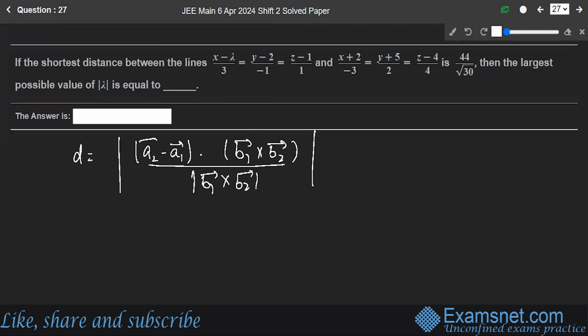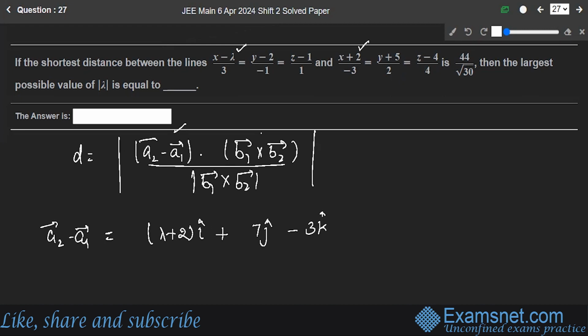So let's first go for the A2 minus A1 vector. This is given by 2 minus of minus lambda, this is lambda plus 2 i, and this is 5 plus 2, which is 7 j minus 3 k. This is your A2 minus A1.